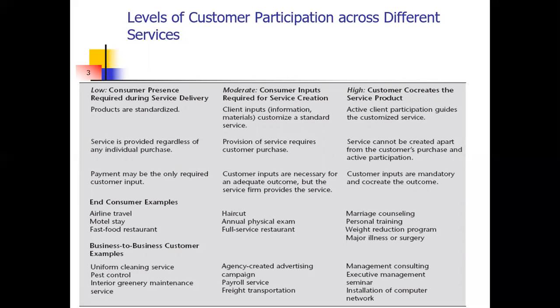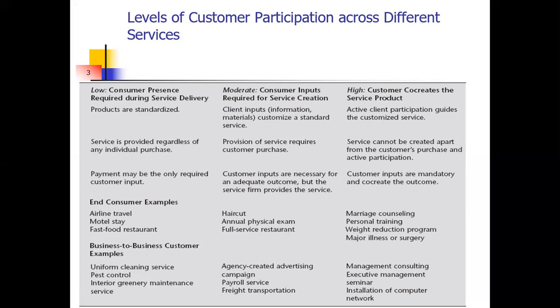Just keep jotting down these points and keep these services in your mind. I'm just naming some services: let's say hair cutting, some sort of counseling, traveling, gardening, repair and maintenance. Just think about getting an education.